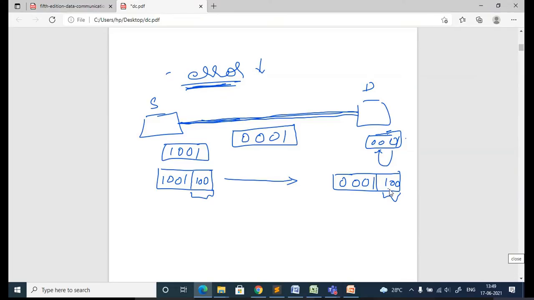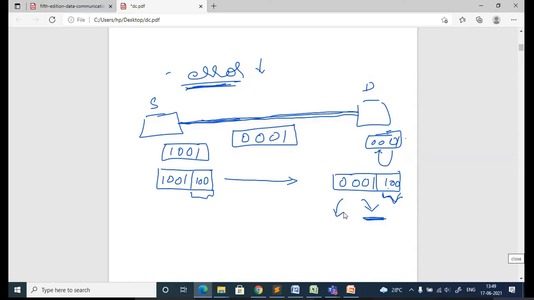When the destination applies that particular method to check for any error in the data, if there is an error, the technique will show how many bits got corrupted. That will be calculated, and using some techniques you can recover from this error.